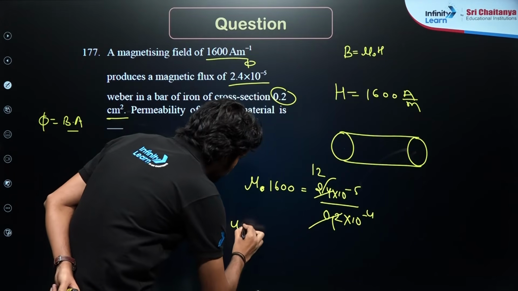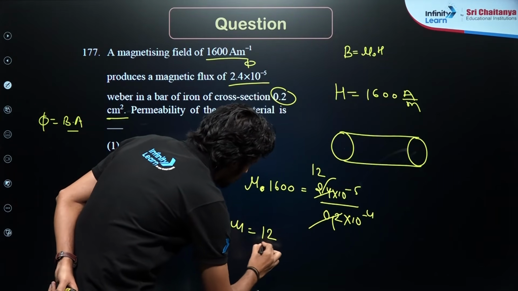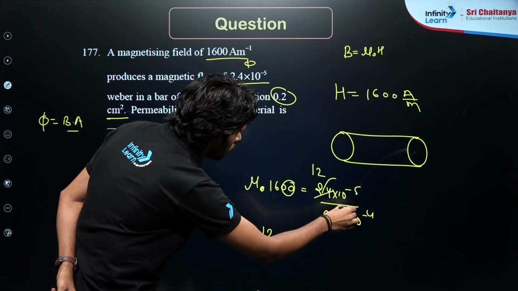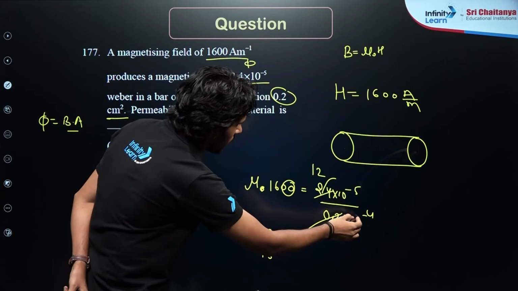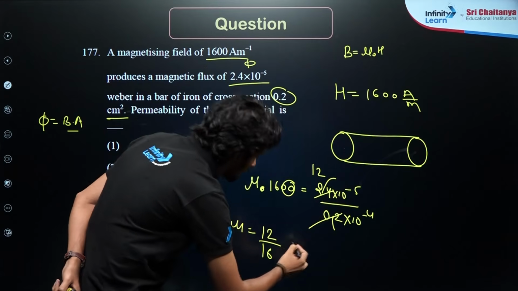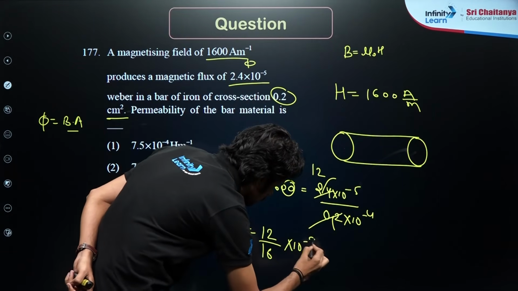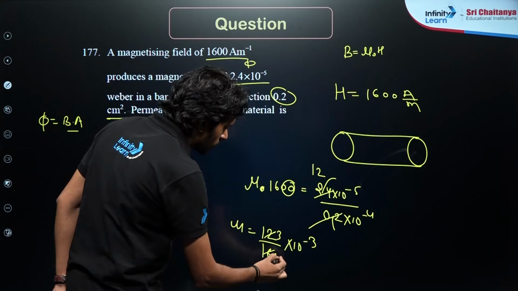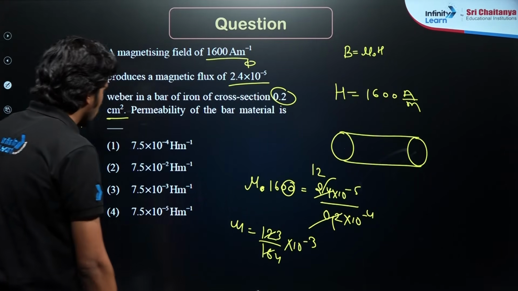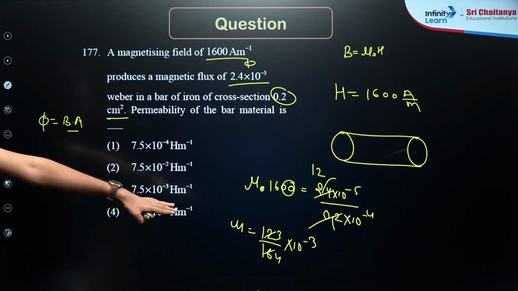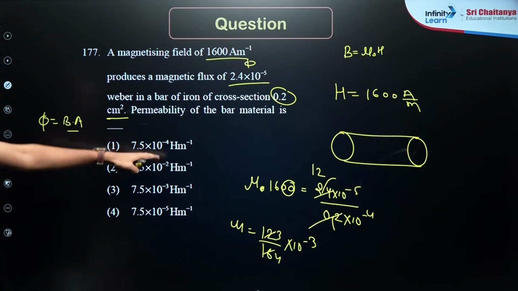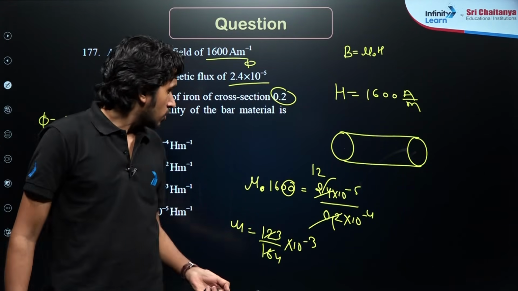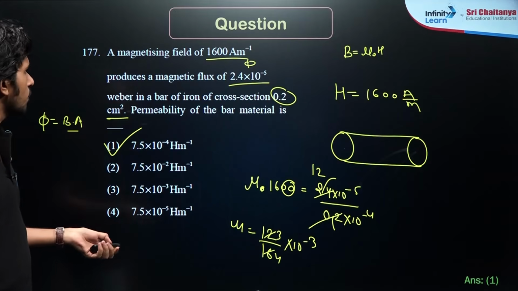So mu would be what? 12 by 16, two zeros, so those two zeros will make 10 raised to minus 1 minus 3, 10 raised to minus 3, right? So 4 3s are 12, 4 4s are 16, 0.75. So 0.75 into 10 raised to minus 3, 7.5 into 10 raised to minus 4 Henry per meter. Okay. So then option number 1.